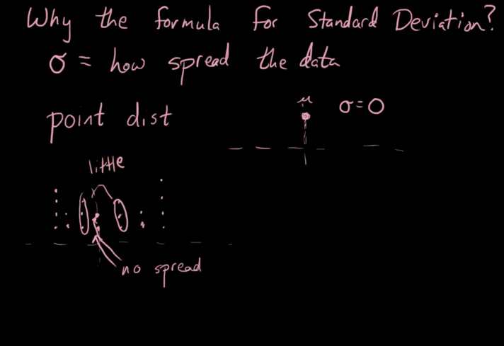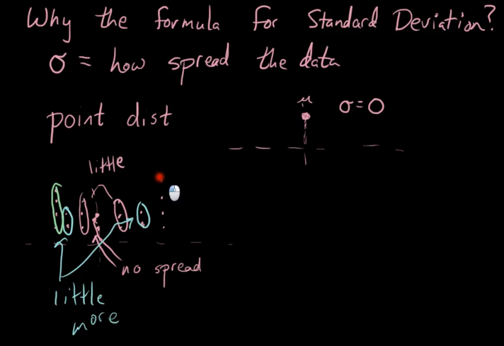And let me change colors, maybe that'll help. If I count the ones to either side of them, I should count these as a little more spread. And these guys that are further away, I should count as a big amount of spread.